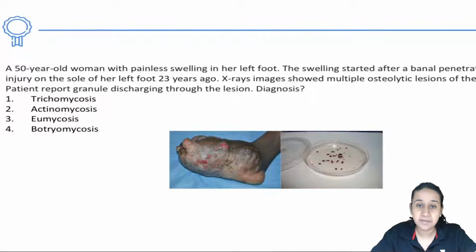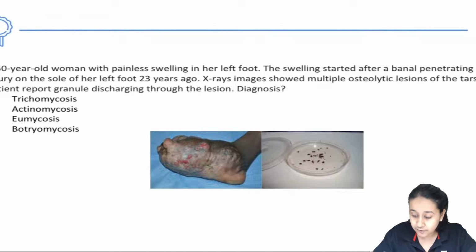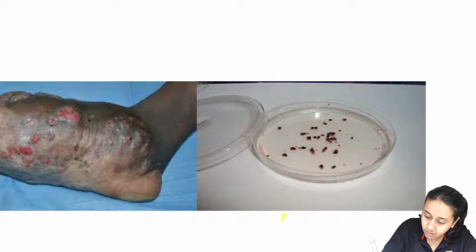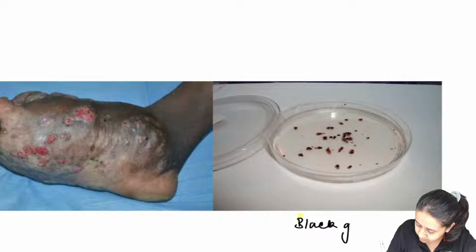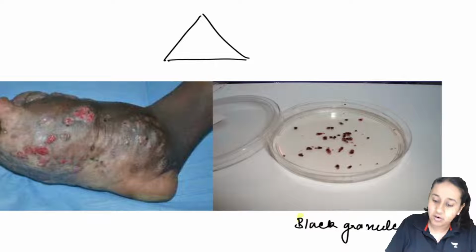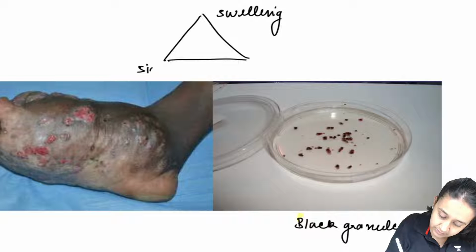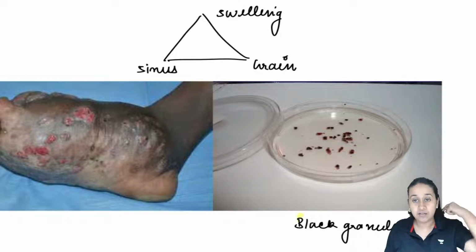Very nice. It's a very classical image of what is known as Madura foot. Amazing, great. But the question is, what kind of Madura foot is this? Is it bacterial or fungal? Now if you look very carefully at the image, you can see that you have black granules, and a very classical triad of swelling, sinuses and grains.